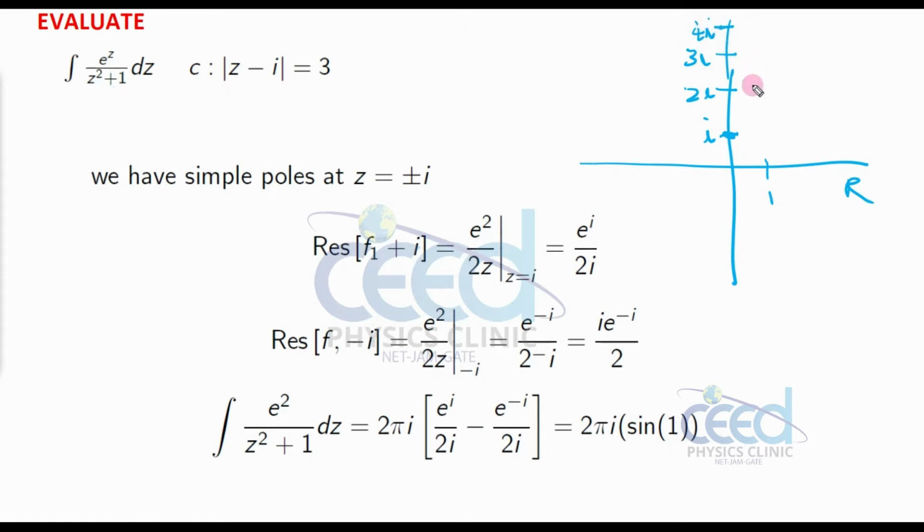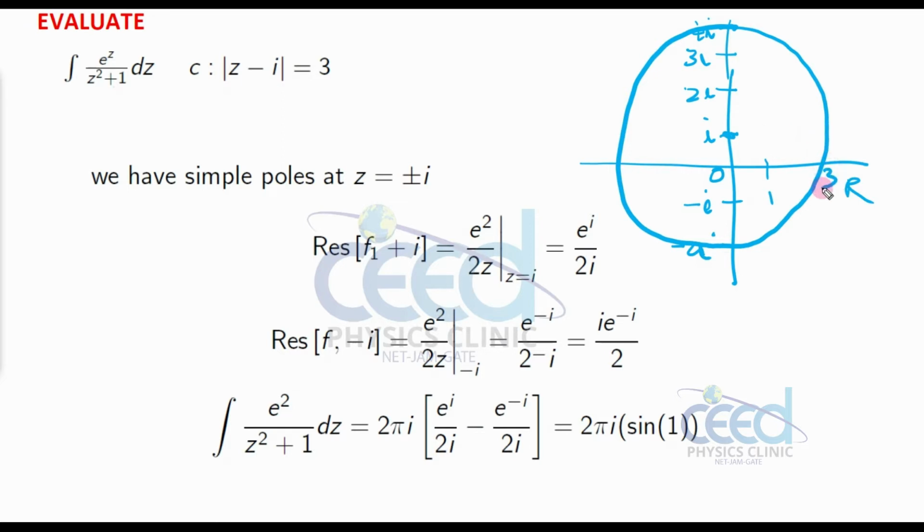Radius 3 means you have to draw a circle like this. Here 0, here minus i, here minus 2i. So this is the circle representing this contour, and here it is 3.